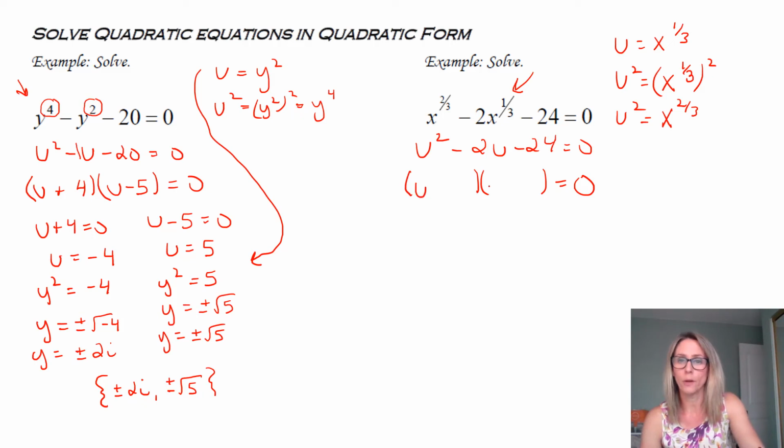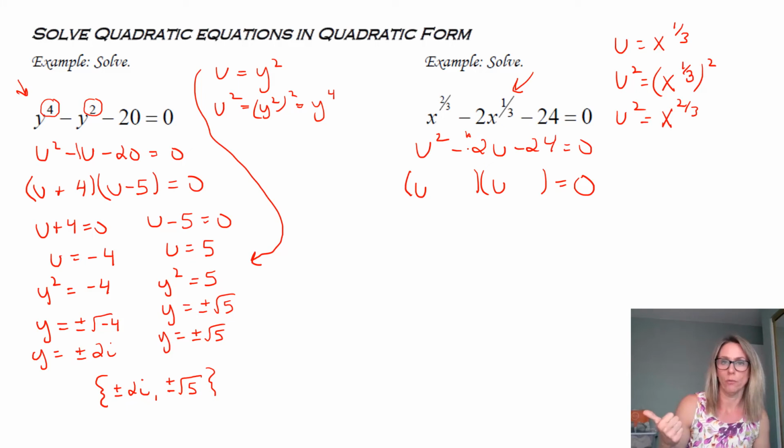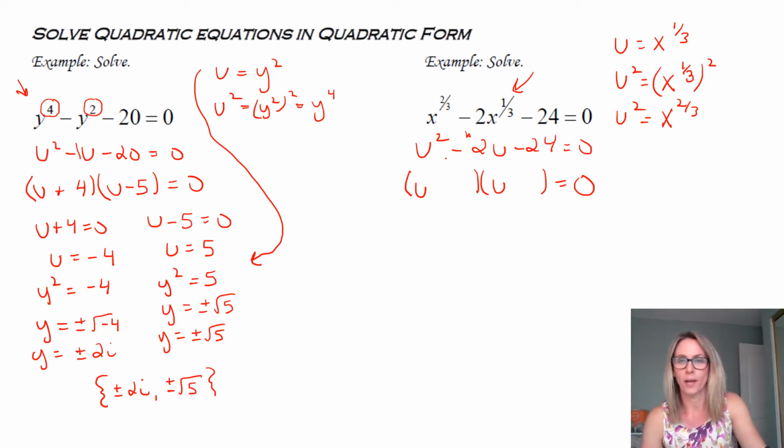So notice we have u and u, and we need two numbers that multiplied together give you negative 24, but added give you negative 2. So we have 1 and 24, 2 and 12, 3 and 8, 4 and 6. You can probably guess that it's the 4 and the 6 that are going to make a 2.